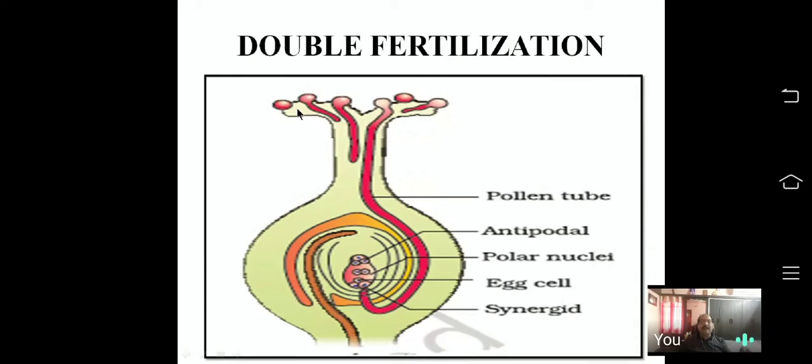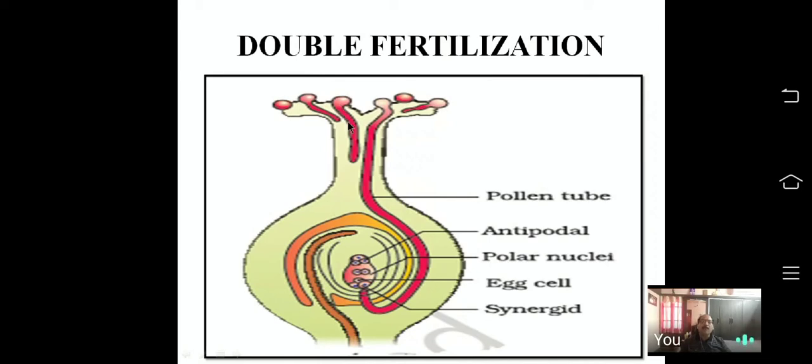After landing on the stigmatic surface, the pollen grain absorbs the sugary fluid secreted by the stigmatic surface, starts to germinate and produces a tube that emerges from the germ pore.